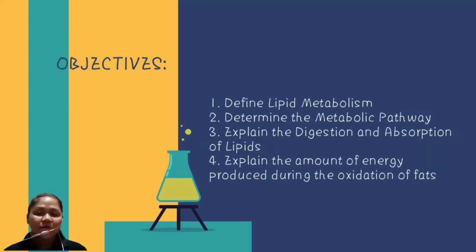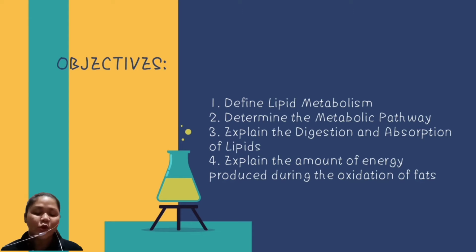In the objectives, we have our 4 objectives that hopefully we can achieve, and at the end of the report, give you some lessons or knowledge that will be useful in your next exam or activities or lessons. Our first objective is to define lipid metabolism.